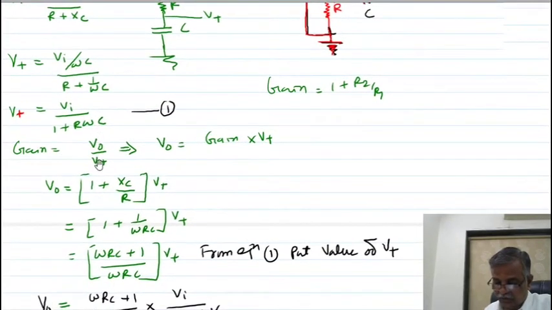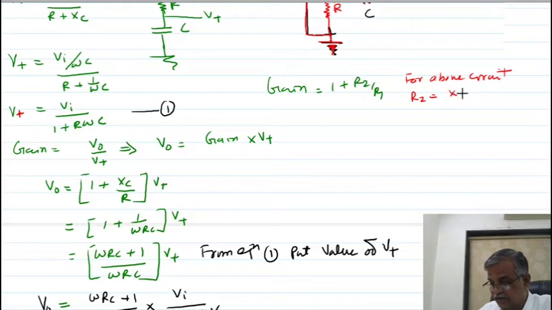What is the gain? Output upon input. What is the output? Gain multiplied by input. Gain is this standard equation, you know, that's what is written here. R2 is this capacitor and R1 is this. So for the above circuit, R2 is Xc and R1 is R. So that I have written here.